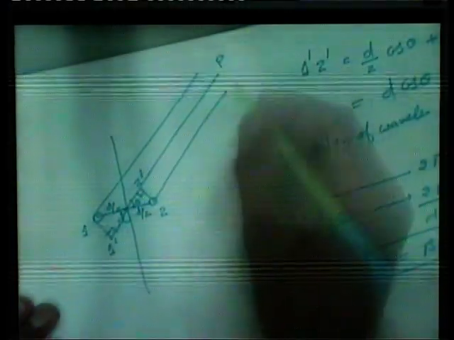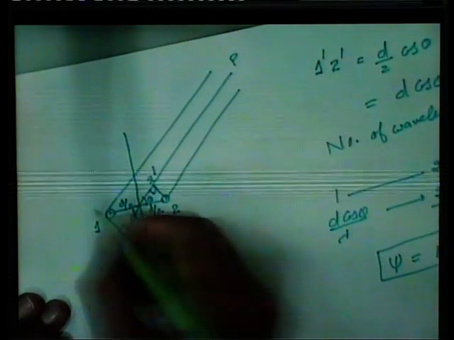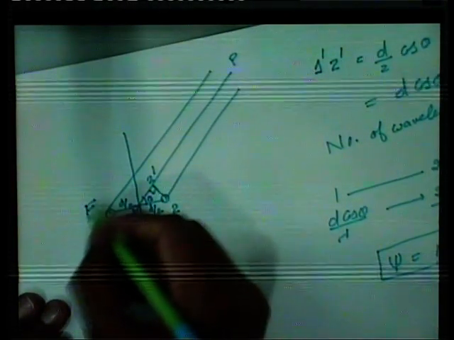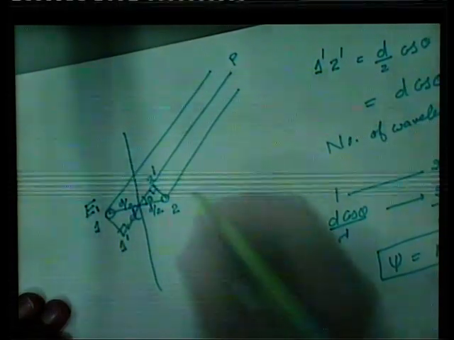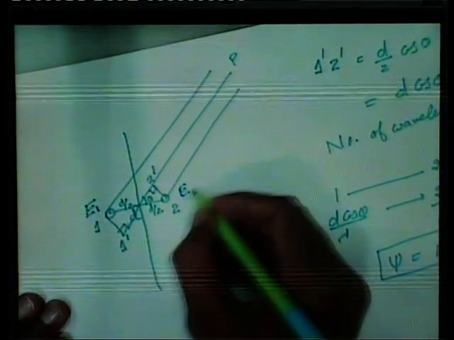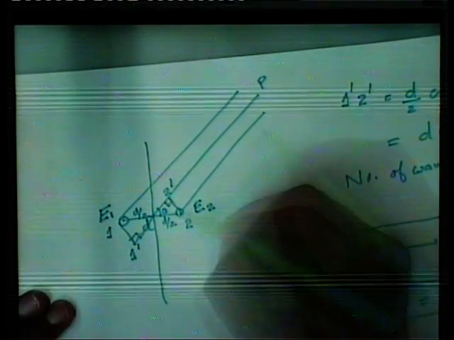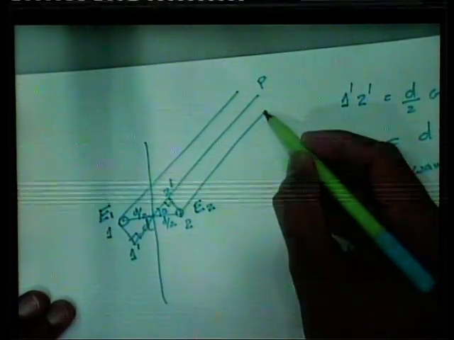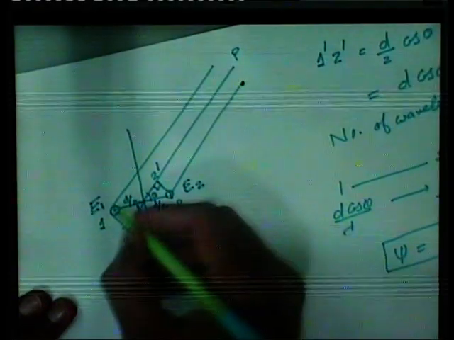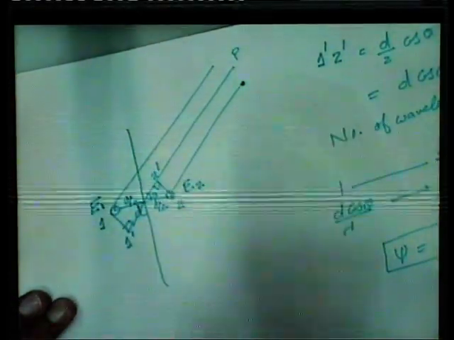Now the electric field due to source number 1 is E1. The electric field due to source number 2 is E2. The field from source number 2 will reach earlier, and the field from source number 1 will reach later.